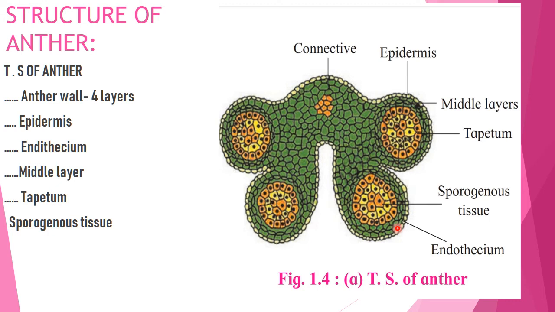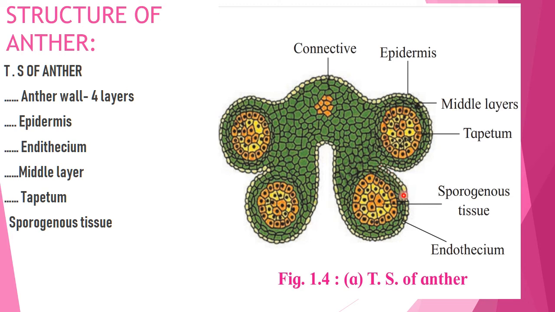After maturation, the microspores or pollen grains will be released out. During that time, these fibrous thickenings help. And this endothecium, towards this groove, will be a thin layer, and in that area the dehiscence, splitting up or breaking, takes place.